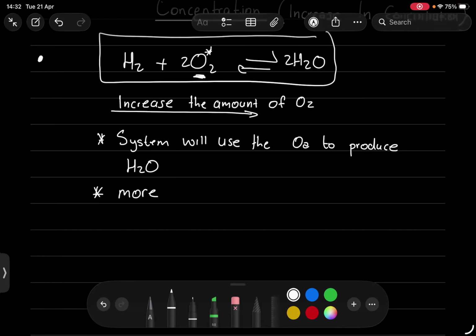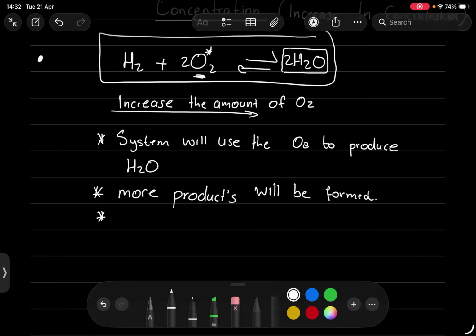Right? So here, more products, which is H2O, will be formed. And what's going to happen if more products are formed?